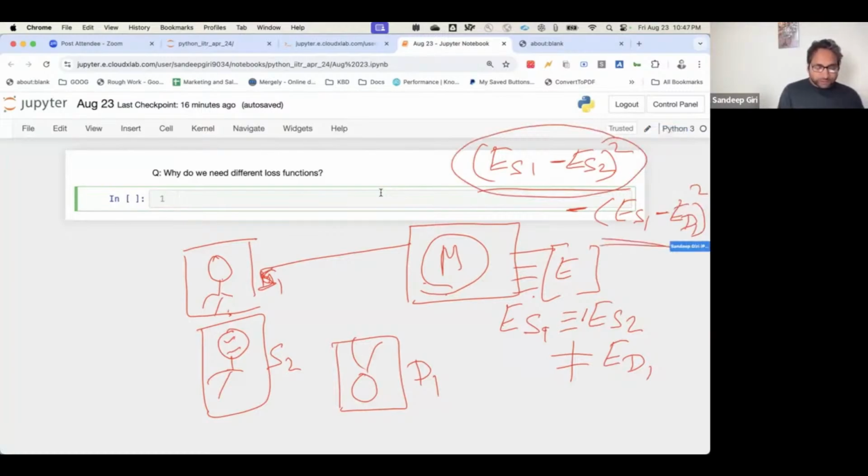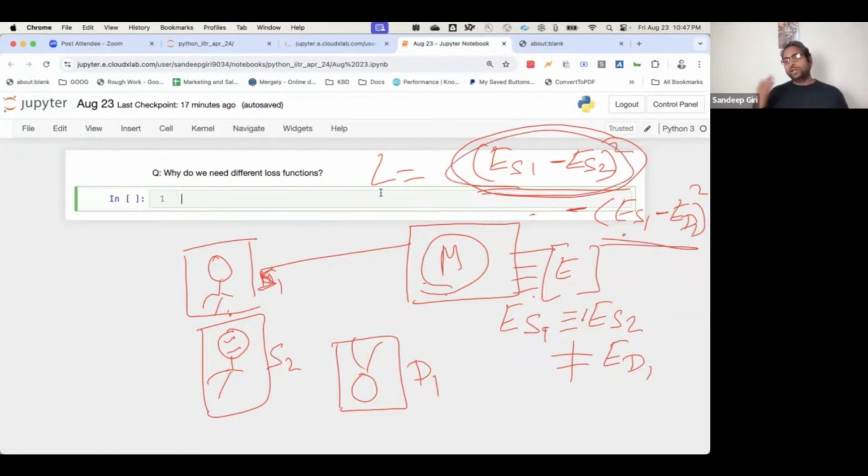So one loss function that he tried was this. The difference of my embedding with another of my photos' embedding minus the difference of my embedding and Deepak's embedding. That's one loss function that he tried. The other loss function he tried was the first one divided by the second one.